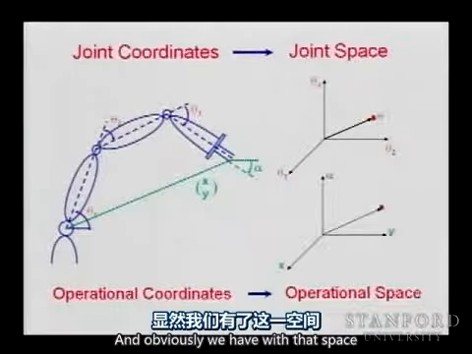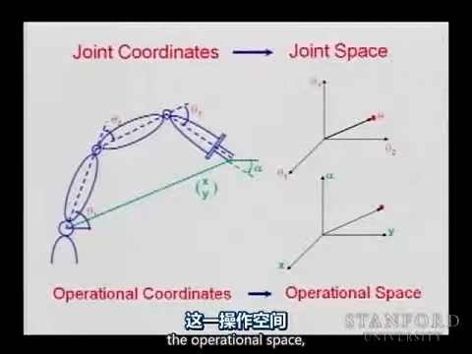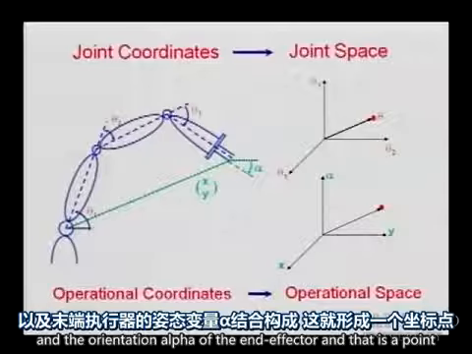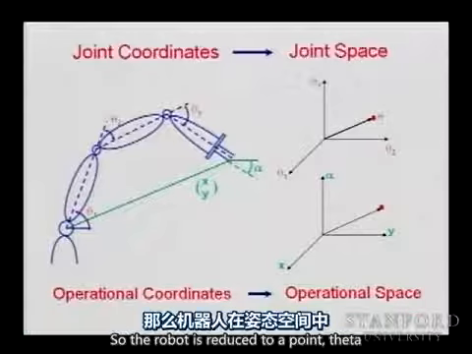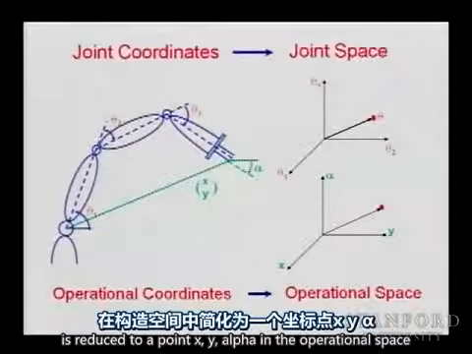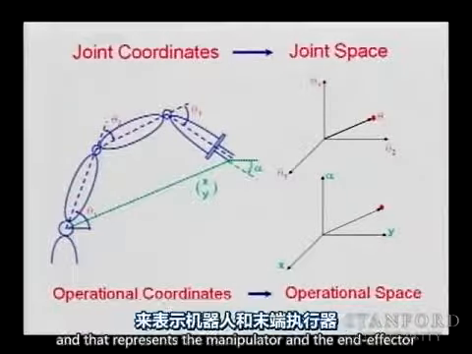And obviously we have with that a space, the operational space, which is now the combination of x, y for this example and the orientation alpha of the end effector, and that is a point. So the robot is reduced to a point theta in configuration space, and its end effector is reduced to a point x, y, alpha in the operational space, and that represents the manipulator and the end effector.